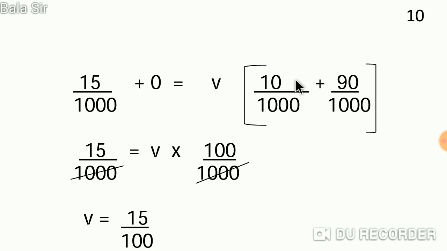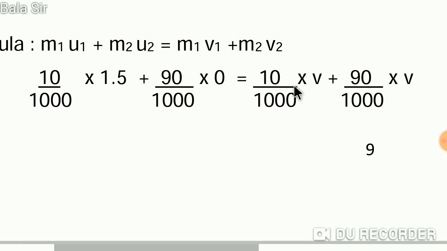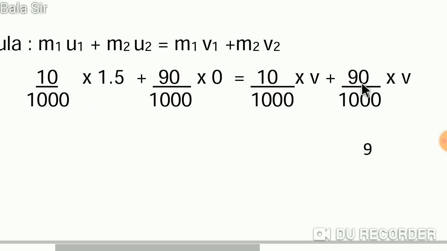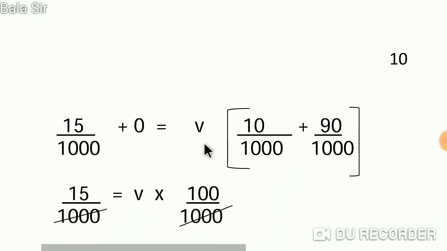So if I take V common, just see what will be remaining if I remove that V from here. Here 10 upon 1000 plus 90 upon 1000. 1000 is common over here. 10 plus 90 is 100. So 15 upon 1000 is equal to V into 100 upon 1000. If I cross multiply this, 1000 and 1000 will cancel.